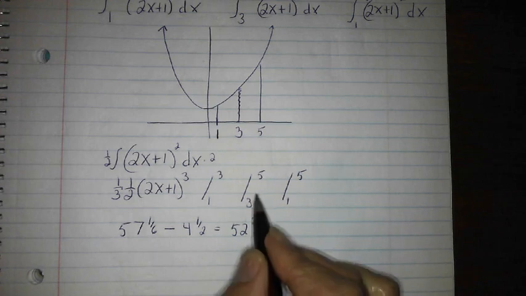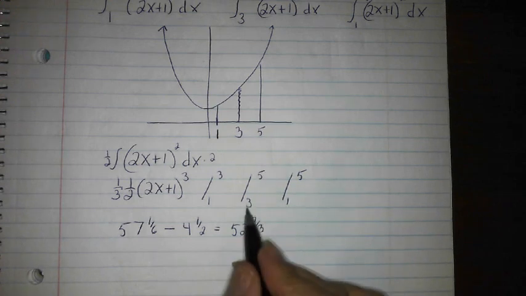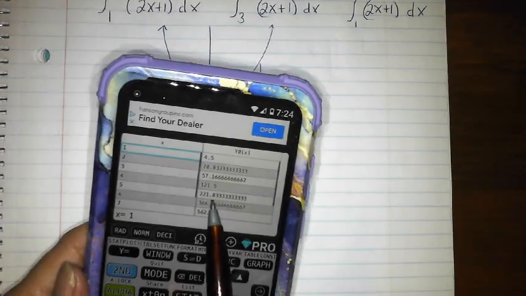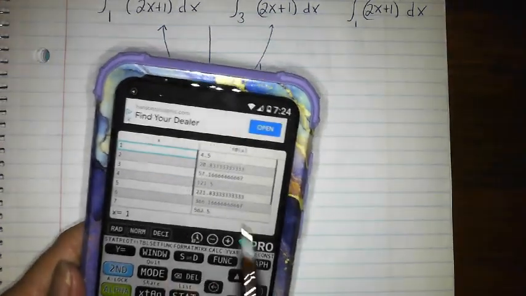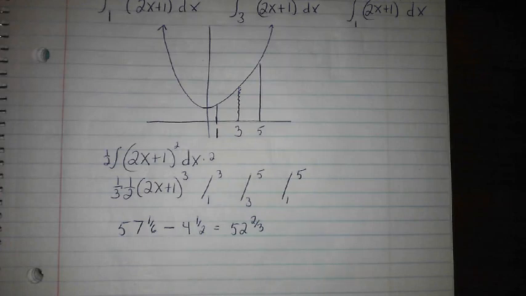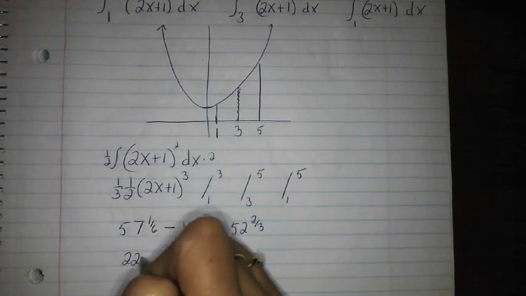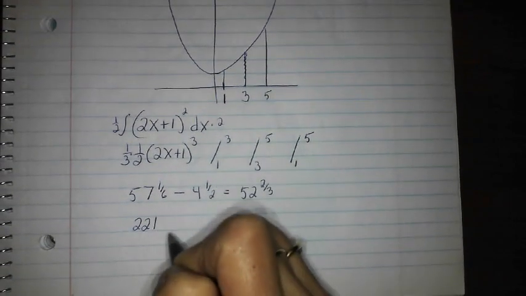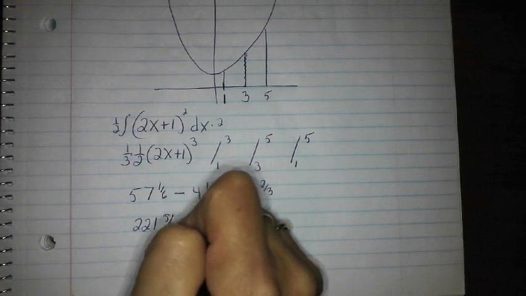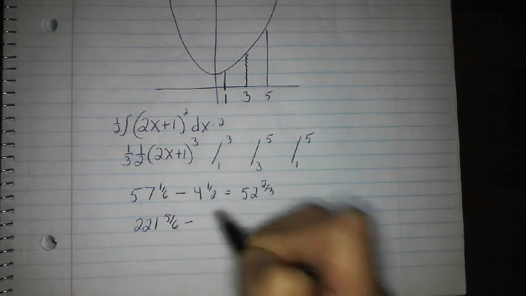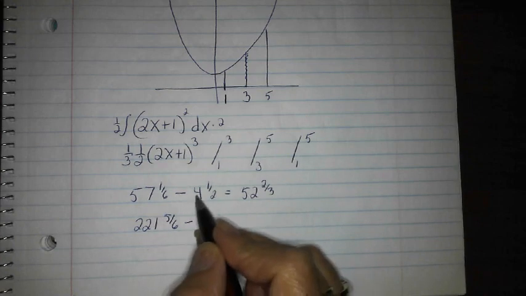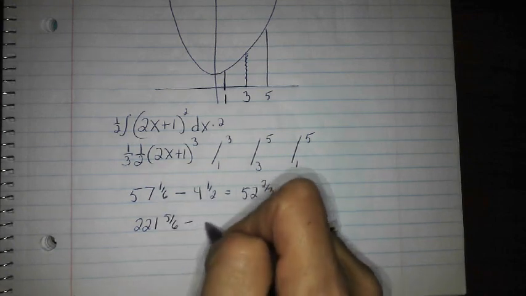Okay, now the 3 to 5. Let's see, I plug the 5 in next. The 5 is 221.83 with the 3 repeating. That's 221, and that fraction is 5/6. Not that you have to use fractions. That's plugging the 5 in. The 3 we already did. That's the 57 1/6.